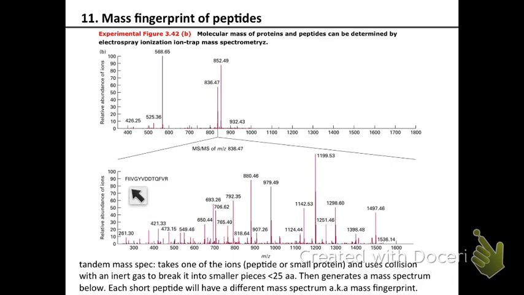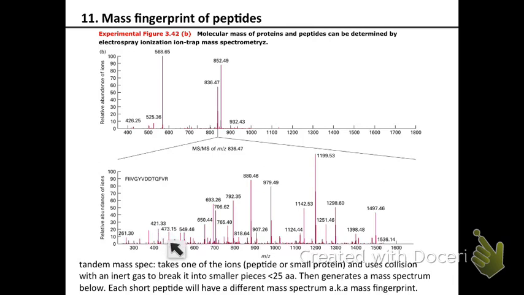This is the mass spectrum from a peptide of the sequence shown here. So this is the amino acid sequence of this peptide, and depending on how randomly it's actually broken up, you're going to generate this many possible peptides from this, right?